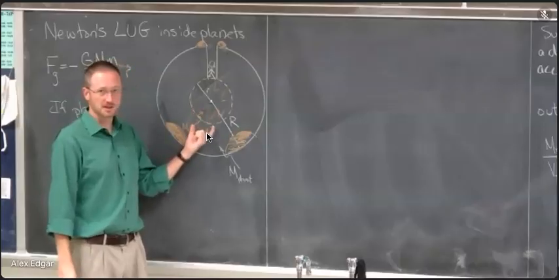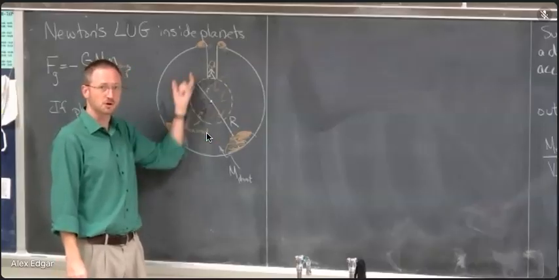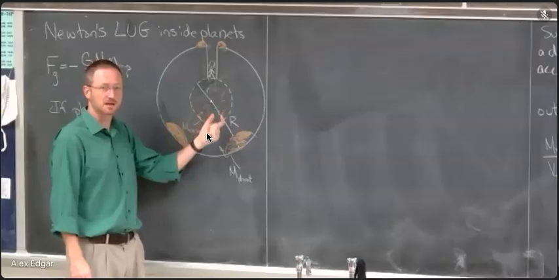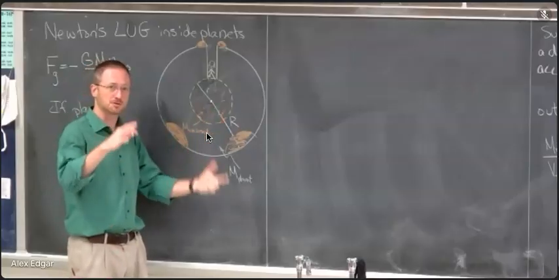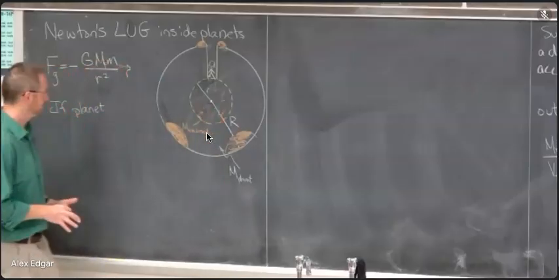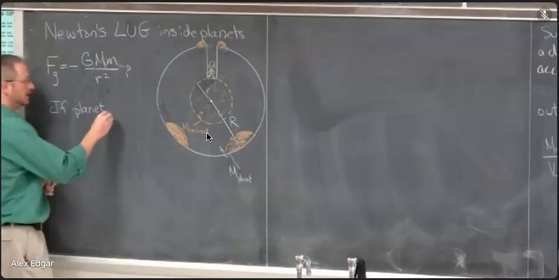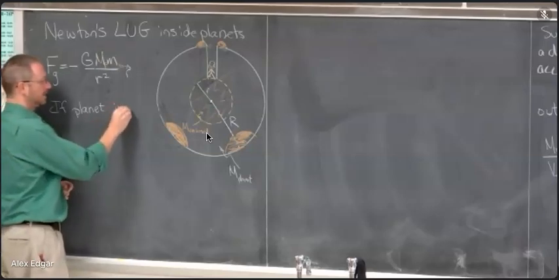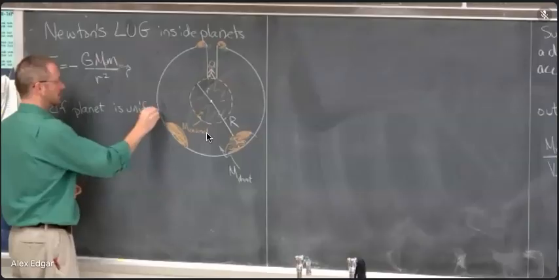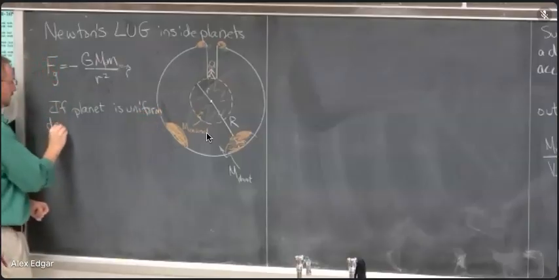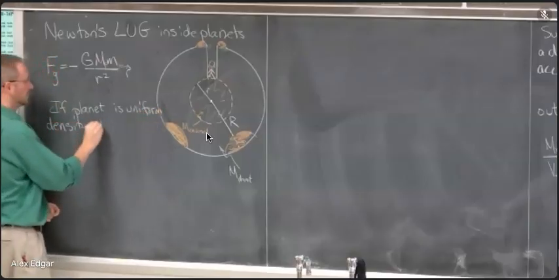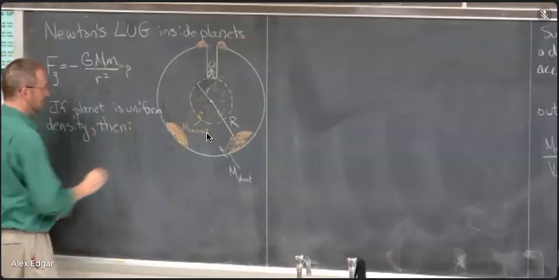If you're dealing with an electric charge that is of uniform density all the way throughout, and then you move inside of it, that ratio of electric charge through the space stays the same, as long as it's uniform. If the planet is uniform density, then you get this ratio.